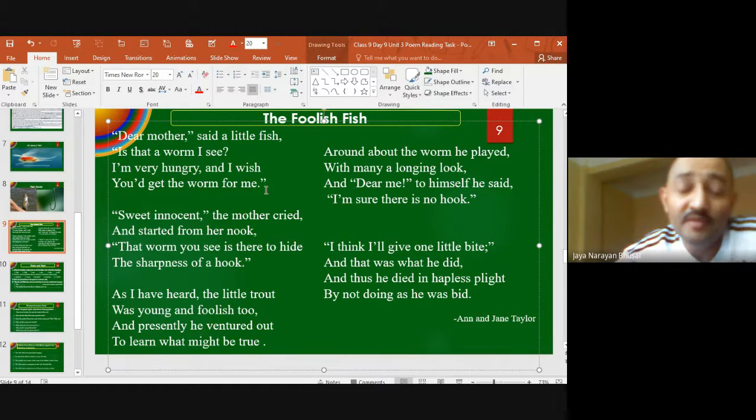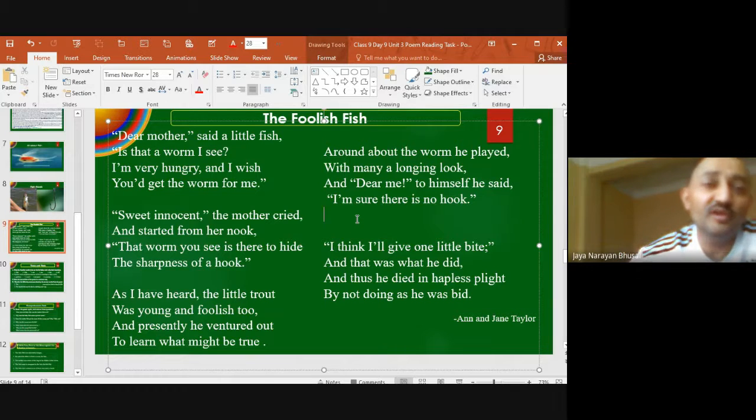So now we will be analyzing. The major idea of the poem is that the little ones, the younger children, teenagers or even younger, should listen to the elders' voice. They should follow what they say, not practice what they do, but follow what they say, because they are experienced people and they have gone through these things already.